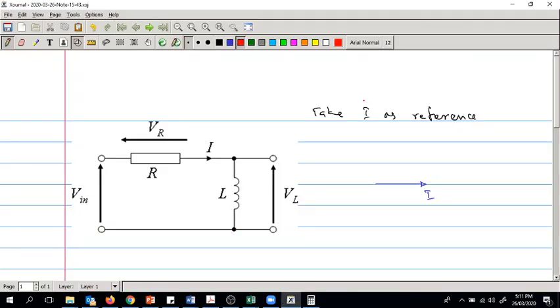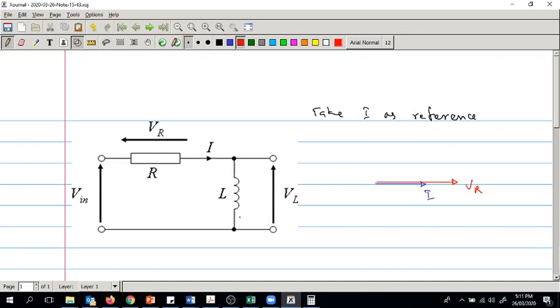So in here, if you draw the voltage VR, it will be on the horizontal axis, because this is VR. The I and R for the resistor are in same phase.